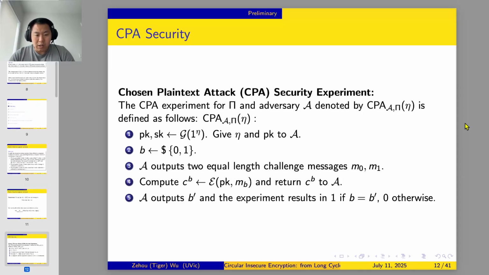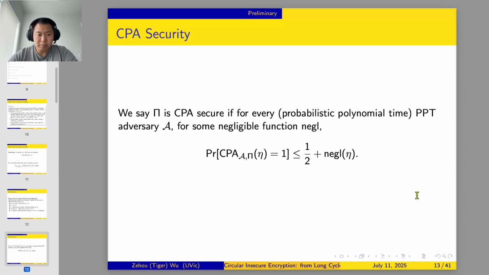Then a ciphertext cb is computed by encrypting Mb under PK, and this cb is given to A. When A outputs b prime, the experiment results in 1 if the adversary A can successfully guess b, and 0 otherwise. An encryption scheme is CPA secure if for every probabilistic polynomial time adversary A, its probability of winning only has negligible advantage.